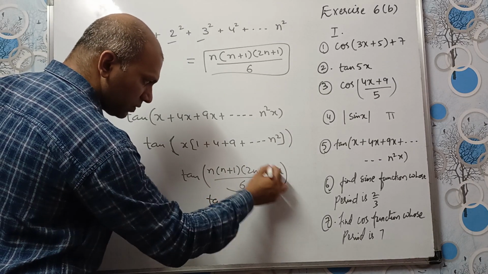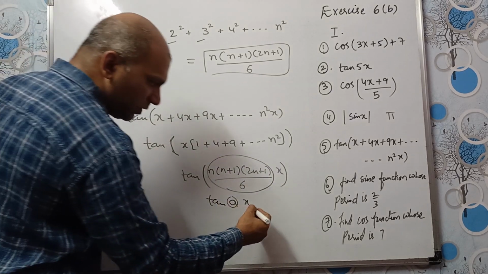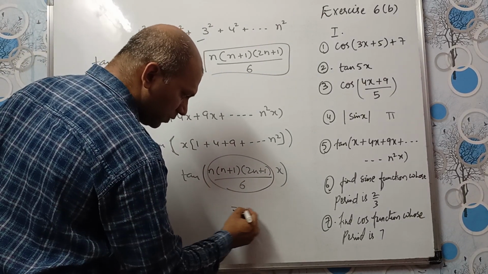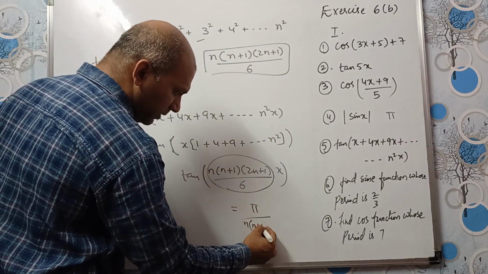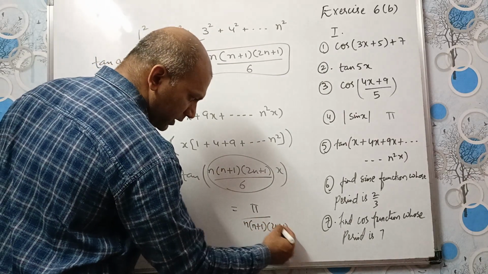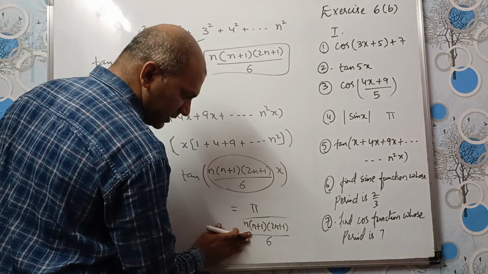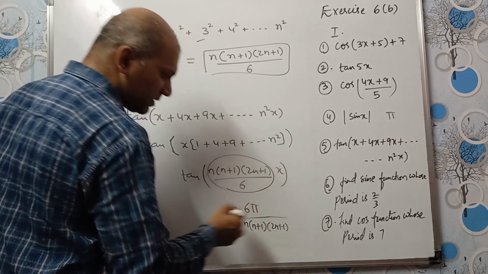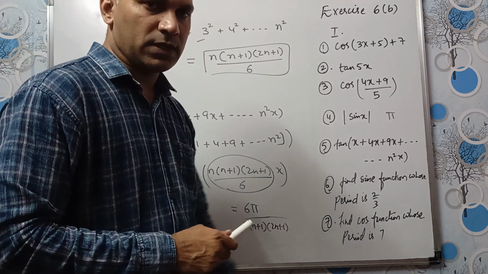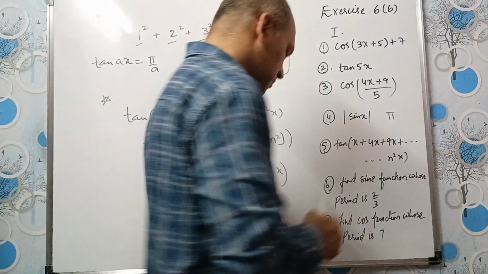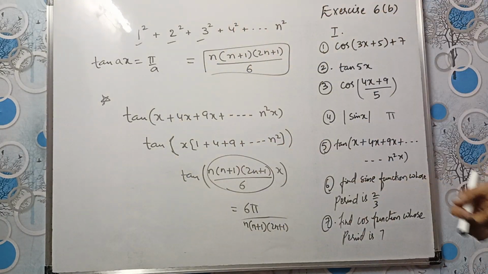What is a now? This whole part is a. So the period of this will be equal to the general period divided by this, n into n plus 1 into 2n plus 1 divided by 6. This 6 will go to the numerator. It will become 6 pi divided by n into n plus 1 into 2n plus 1. Okay, I hope this problem is clear. Very important problem for 2 marks.